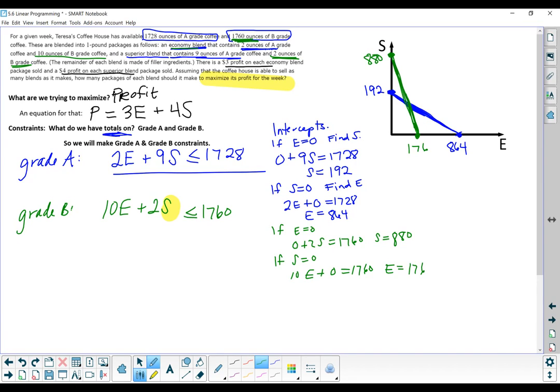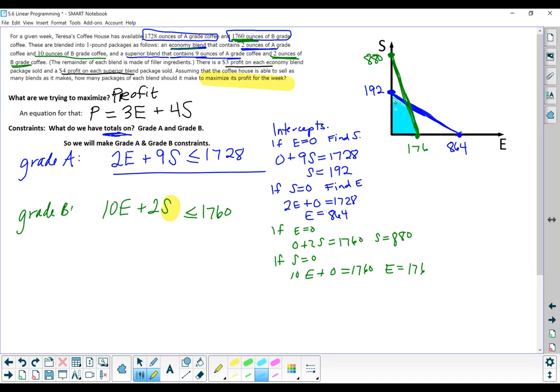All right, so we can shade our region now. It's called a feasible region. So we had to have less than, so below the blue line, but then also below the green line. So our feasible region of operation is this area here.